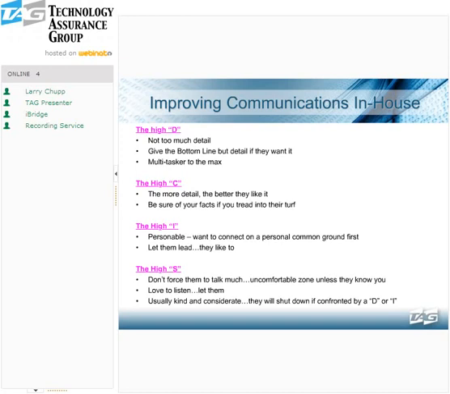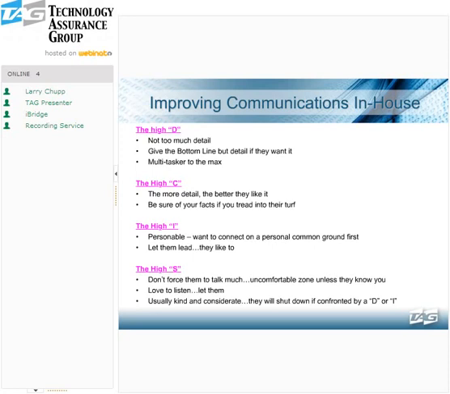Here's what I would work on. I would work on maybe lowering your I a little bit because it's pretty high. It's an 84 and a 77 naturally. So naturally doesn't matter that much, but in the workplace it really does.